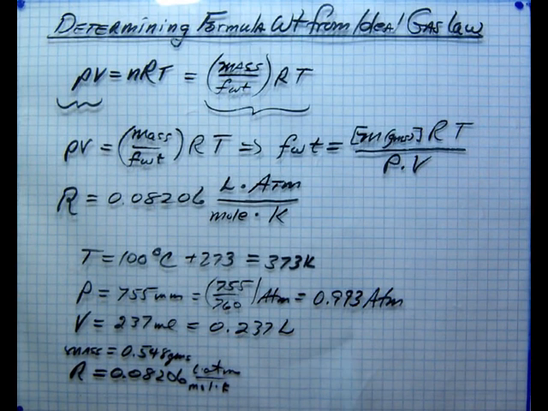This gives us 0.993 atmospheres. Divide this one by 1,000, 0.237 liters. Mass, you don't have to change that one. Well, they may give it in milligrams. Well, you got to convert it to grams. And of course, you list the R value as given in your reference sheet.